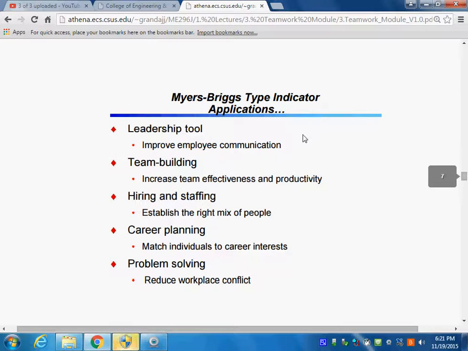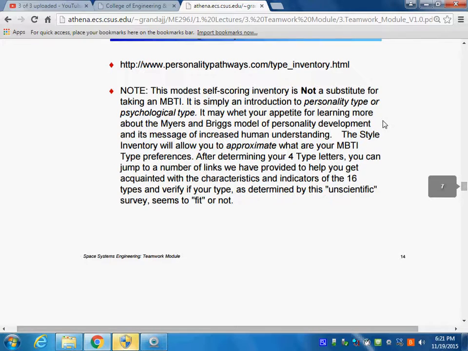So you will apply this as a leadership tool, as a team building tool. If you are the systems engineer, the project engineer, you need to hire people and recognize how they are. You also need to help others and yourself in planning your career and ultimately in solving problems.